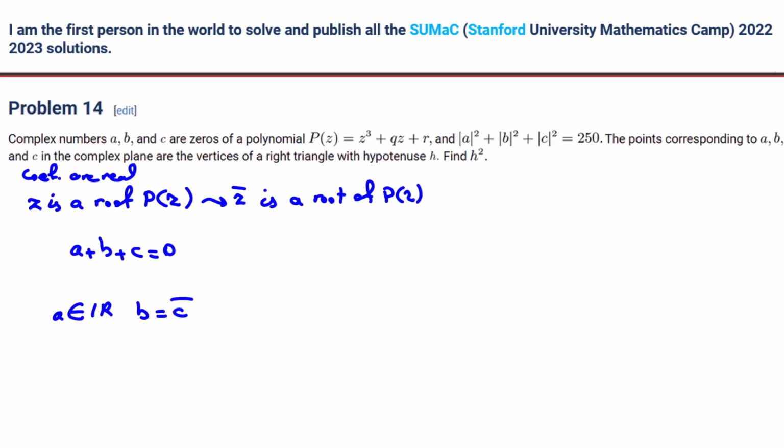So if we show them, one of them is real, and it says complex numbers are the vertices of a right triangle with hypotenuse h. Because we know the sum is 0, and because B and C are conjugates of each other, it will be a right angle triangle.